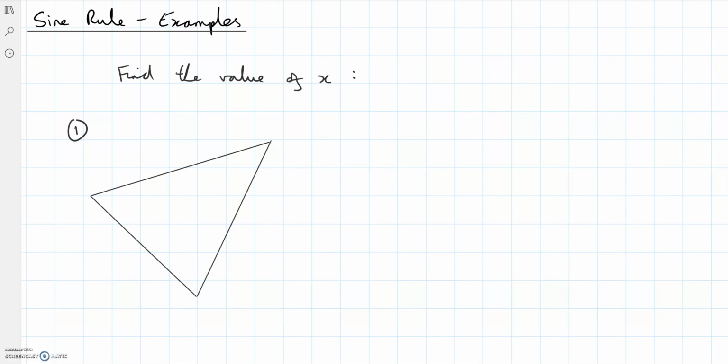So there's my triangle. We're going to label these A, B and C. Remember, we tend to use uppercase letters or capital letters for the corners or the vertices of the triangle, and they represent the angles. And then for lengths, we'll use lowercase letters. But here's our triangle ABC. I'm going to give you angle A as 67 degrees. Remember, this is not to scale.